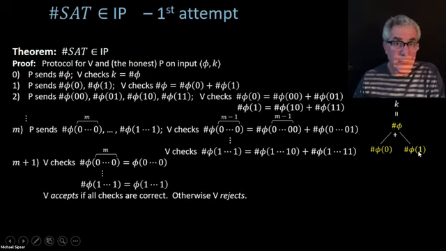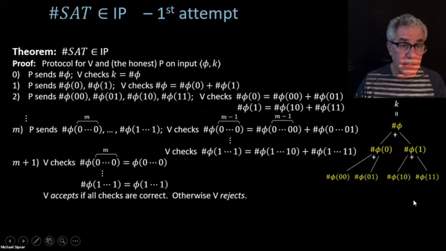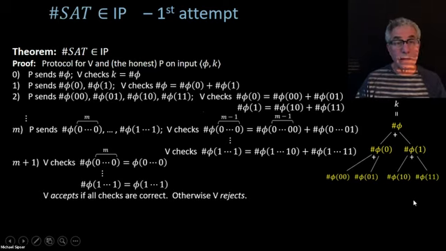It sends the number of satisfying assignments when you have x1 set to 0 or set to 1. The verifier adds those up, and it's supposed to equal the total number of satisfying assignments. If you understood this protocol, I'm just writing it out in a simplified way, perhaps.